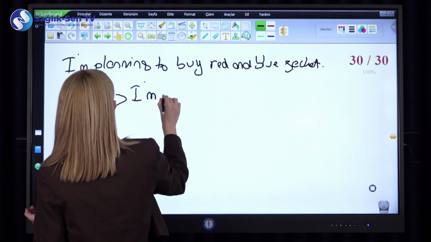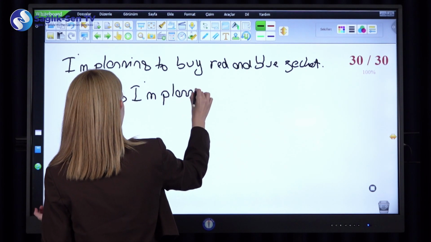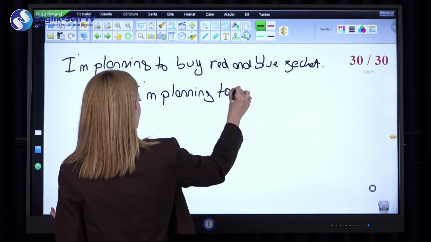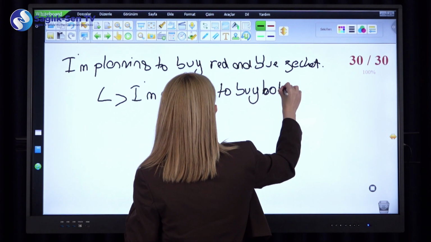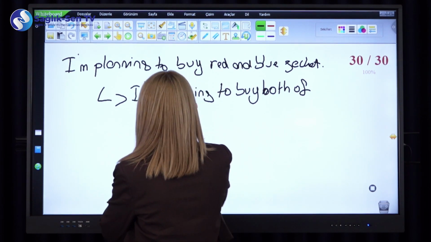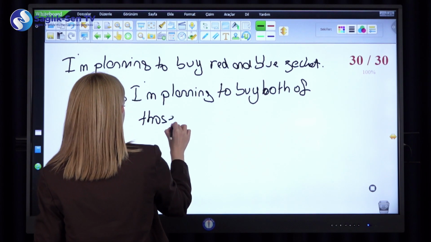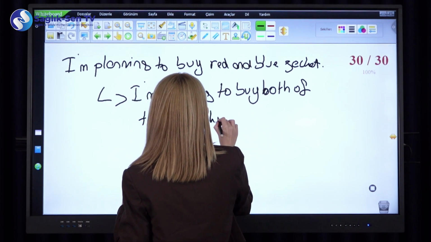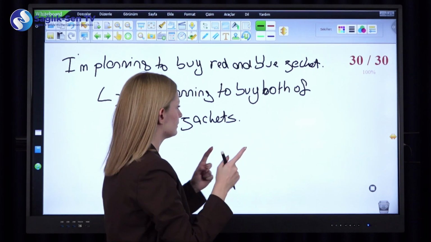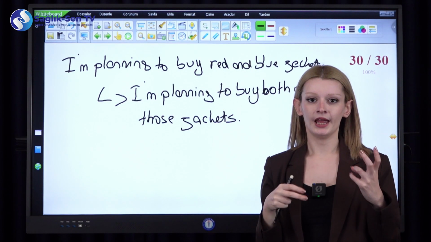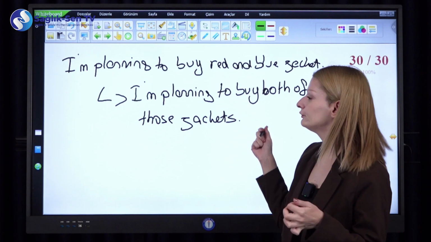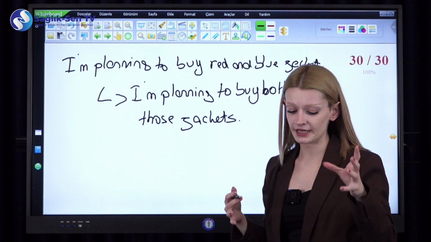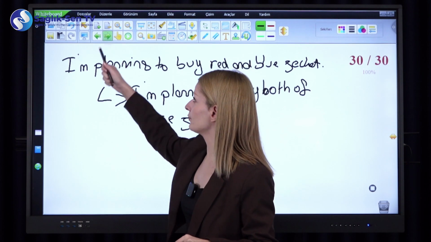I am planning to buy both of those jackets. I will buy the red one and the blue one, and the action I will be doing applies to both of them. That's why I use both.